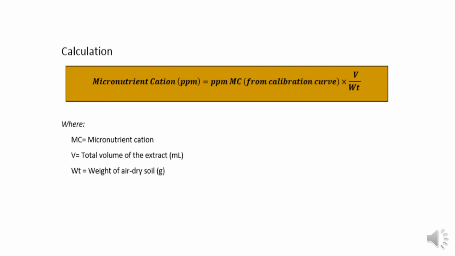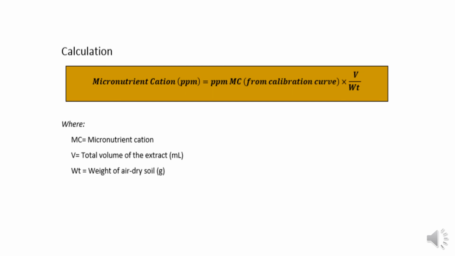where the micronutrient cations ppm in the soil is equal to the ppm concentration of the soil extract from the calibration curve, multiplied by the total volume of extract, which in our case was 20 ml because we used 20 ml extraction solution, so we need to mention 20 ml here, and divided by the weight of the dry soil.